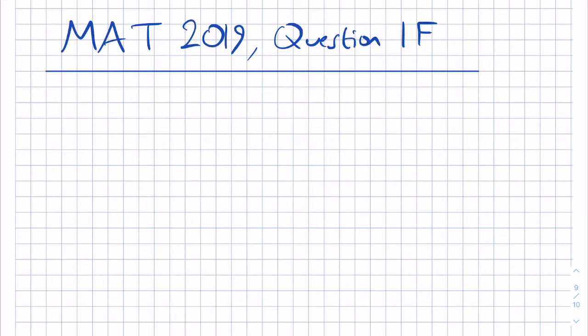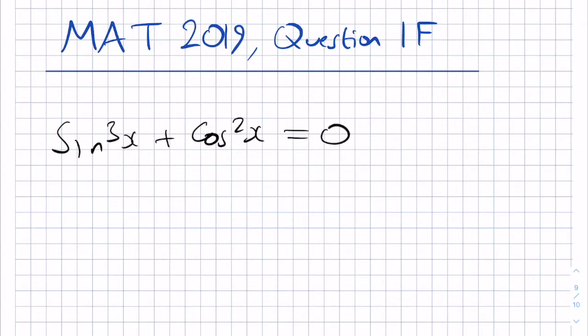So if we start by looking at our equation, which is sine cubed of x plus cos squared of x equals 0, if we want to solve this equation, then it would be helpful to get it in terms of one type or the other of the trigonometric functions, either all in terms of sine or all in terms of cos.